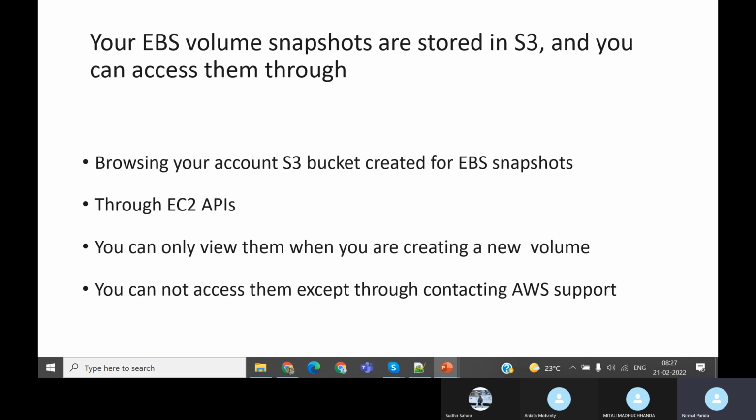Suppose you are using the AWS CLI, and the AWS CLI also uses APIs. At the lower level, AWS gives APIs. So every service is communicated through APIs in AWS.